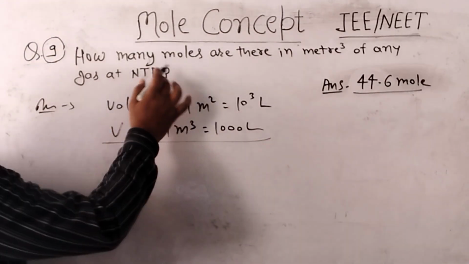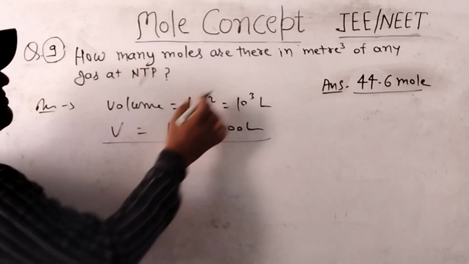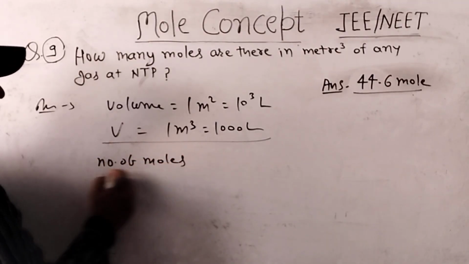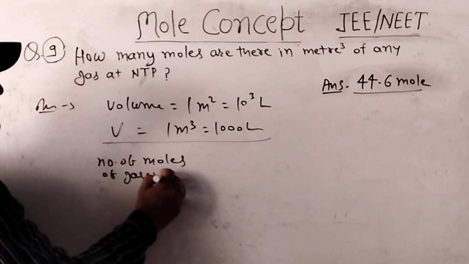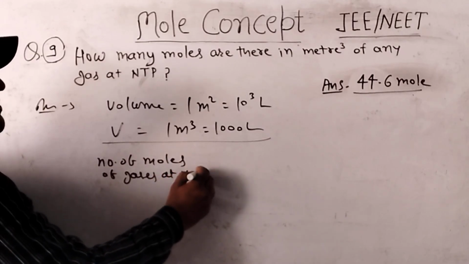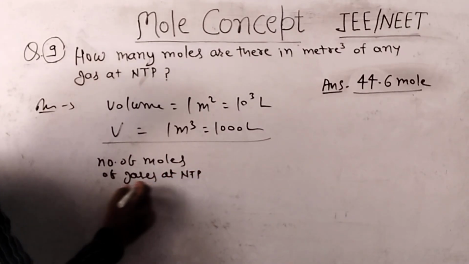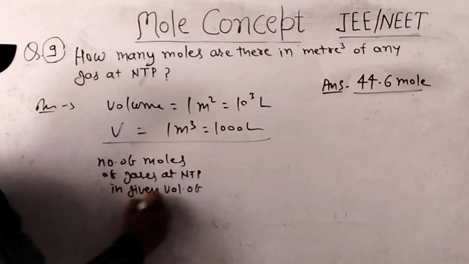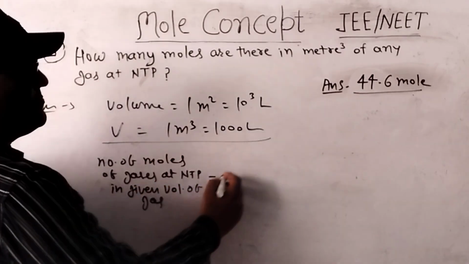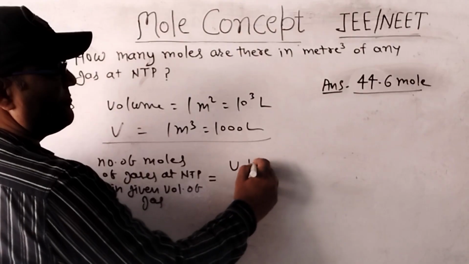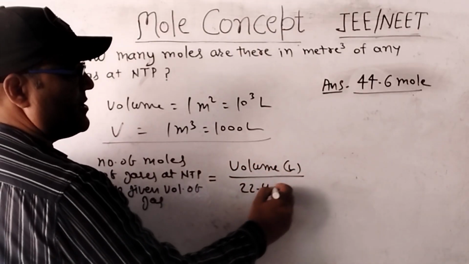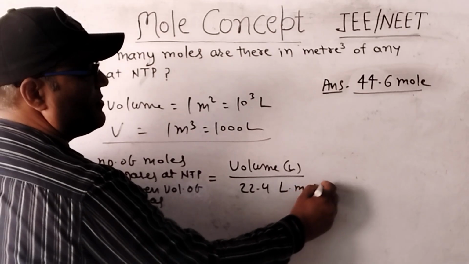According to the question, how many moles are there? So the number of moles of gas at NTP is equal to the given volume in liter divided by 22.4 liter per mole.